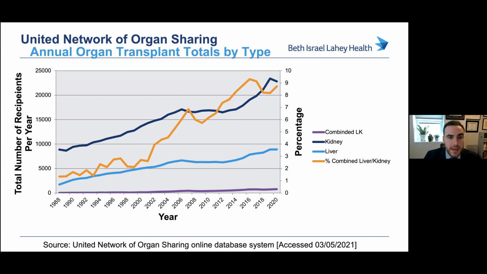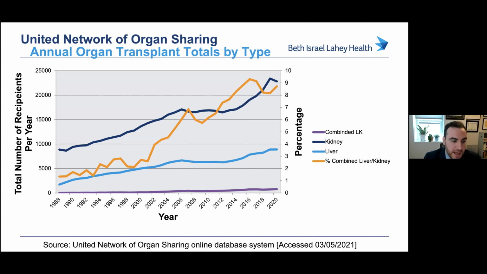This data is from the United Network of Organ Sharing, UNOS. It's on the x-axis. I just wanted to illustrate how the number of kidney transplants in dark blue and the number of liver transplants in light blue continue to increase on an annual basis. With that, the orange line is the percentage of combined liver kidney transplants.